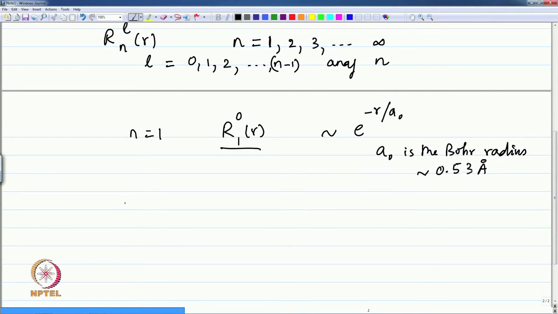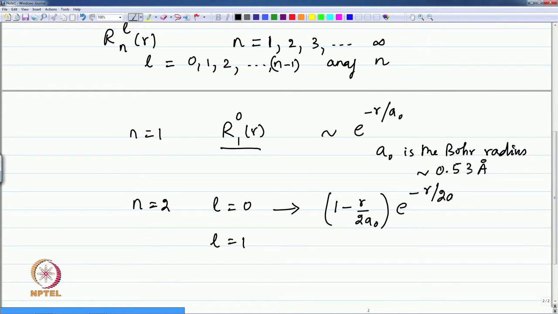For n equal to 2, we have two solutions, namely l equal to 0 and l equal to 1. The function for l equal to 0 is 1 minus r by 2a naught times e to the minus r by 2a naught.